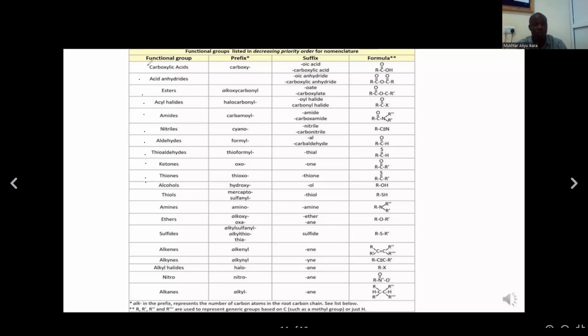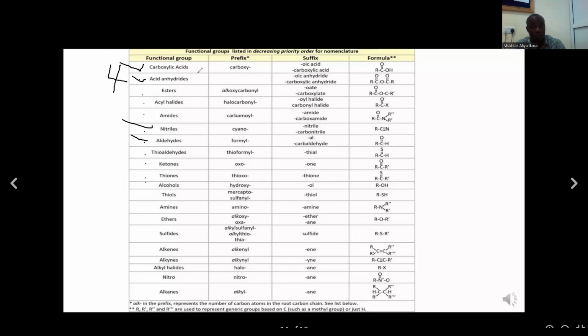It means that if you have a compound that contains carboxylic acid, acid anhydride, nitrile and aldehyde functional groups, which one will be given the highest priority?